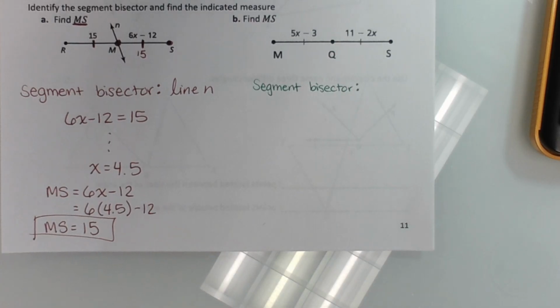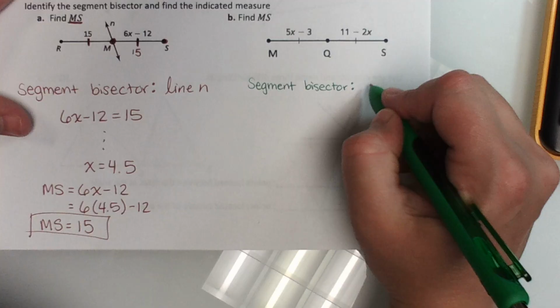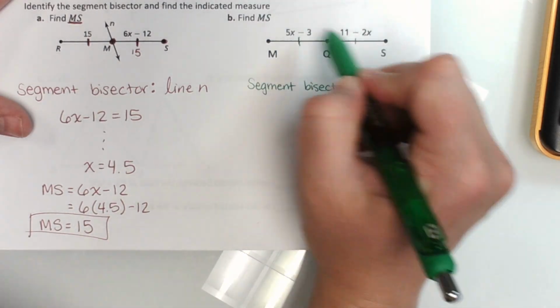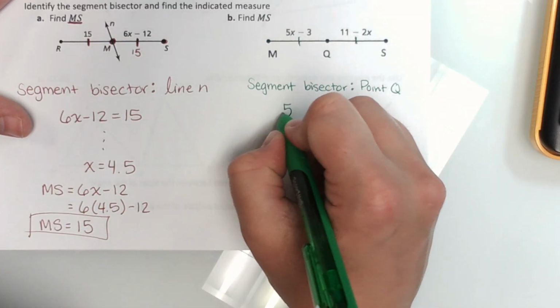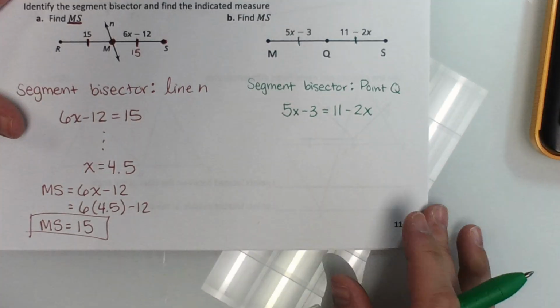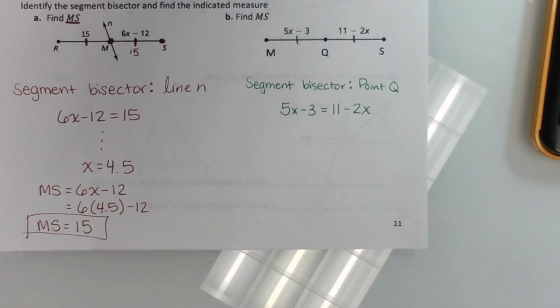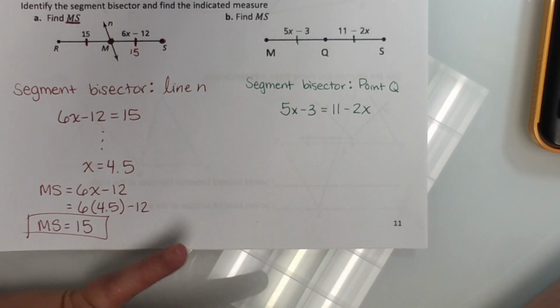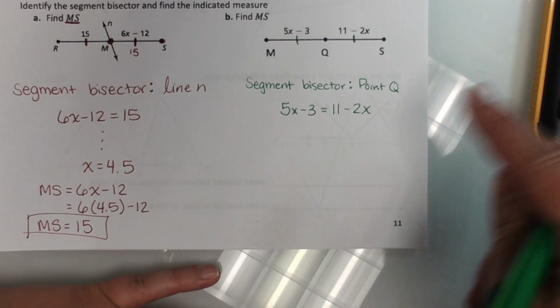Before I get there, what is the segment bisector? Q. Just the point Q. I still have my tick marks, so I can set things equal. How do I start solving for x when it looks like this?